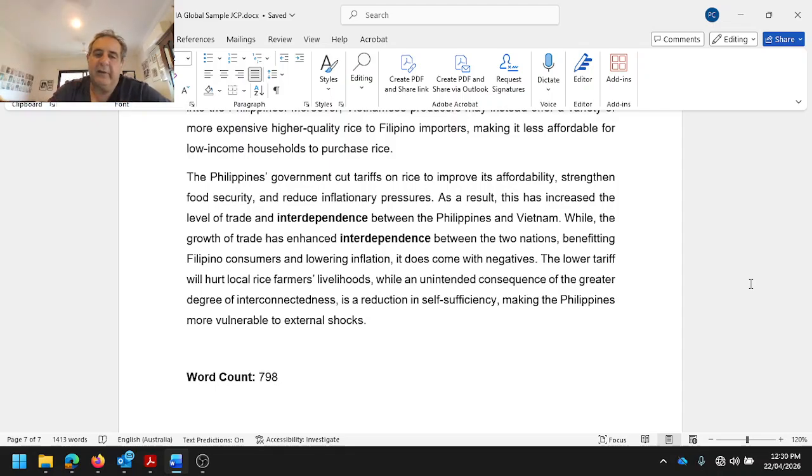While the growth is enhancing interdependence, benefiting the local consumers and lowering inflation, it does come with negatives. The lower tariff will hurt local rice farmers, while an unintended consequence of a greater degree of interconnectedness is a reduction in self-sufficiency, making the Philippines more vulnerable to external shocks.